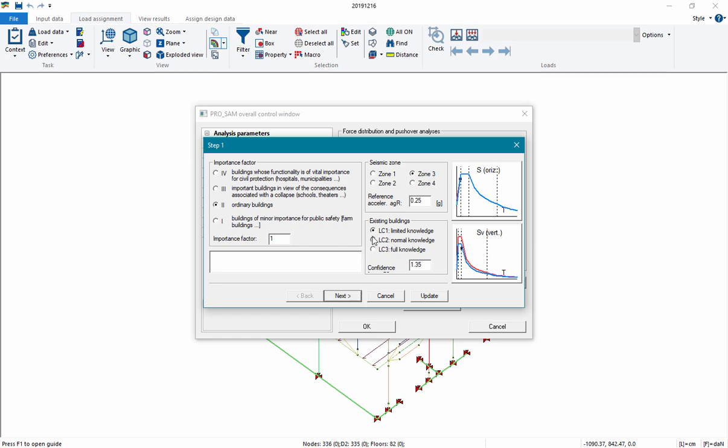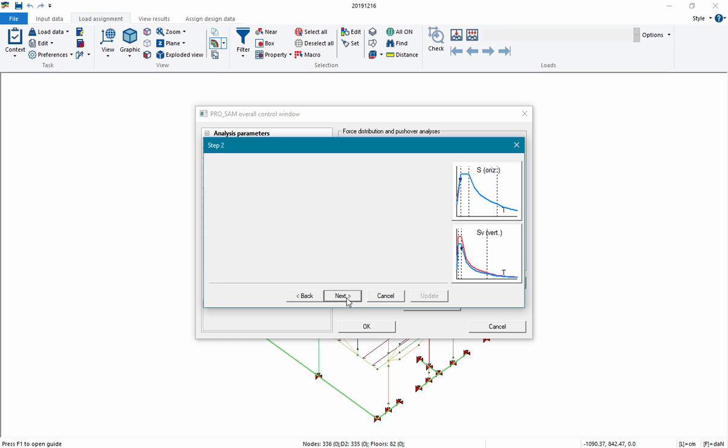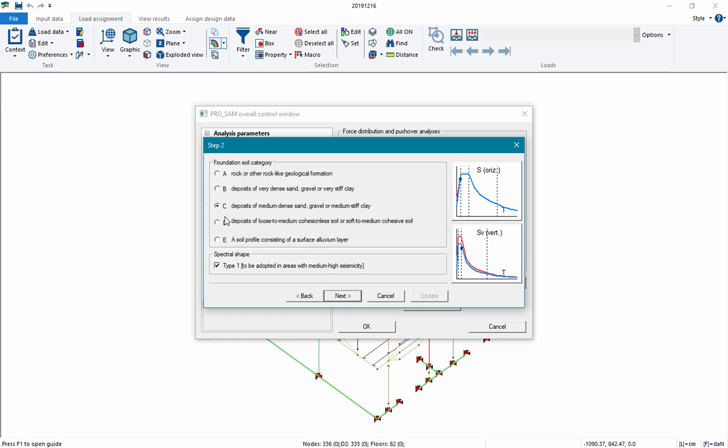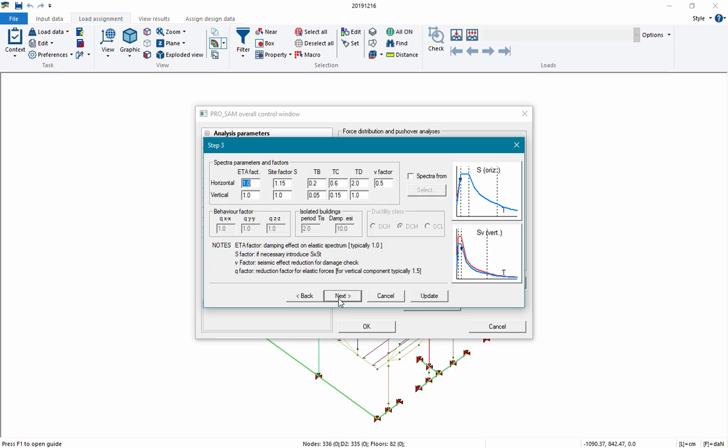If we are considering existing buildings, it's required the acknowledged level and also the confidence factor. At step 2, we have to set the foundation soil category. At step 3, we have the eta factor, the S factor, and the periods of the response spectrum.